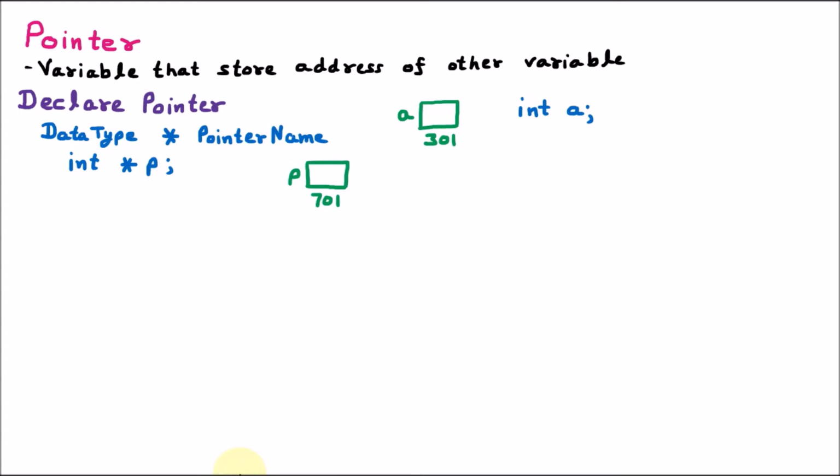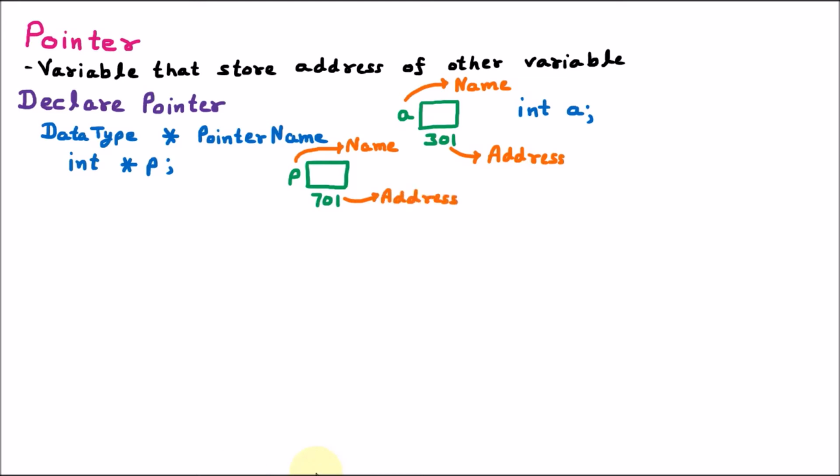Here a is the name of the variable. Similarly, here p is the name of the pointer. And this 301 is nothing but the address of memory. Similarly, this 701 is also an address.